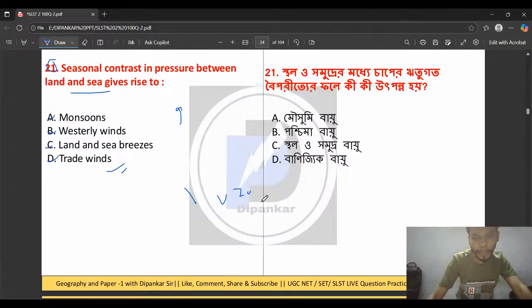Okay, let me check. Please give your answer. The seasonal contrast in pressure between land and sea gives rise to... Yes, seasonal contrast.